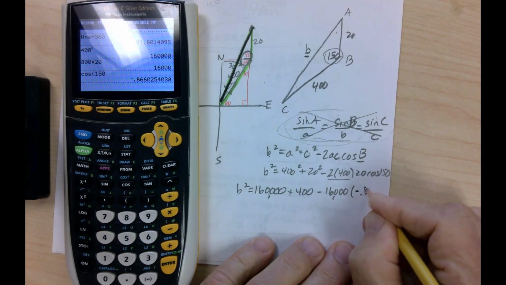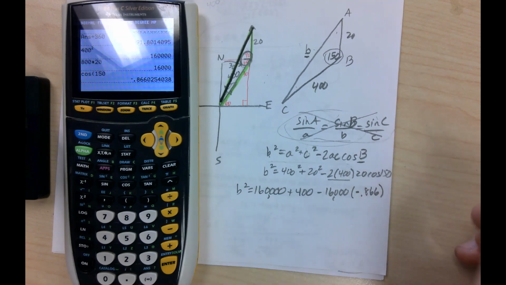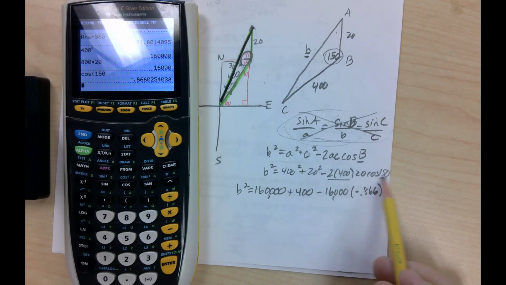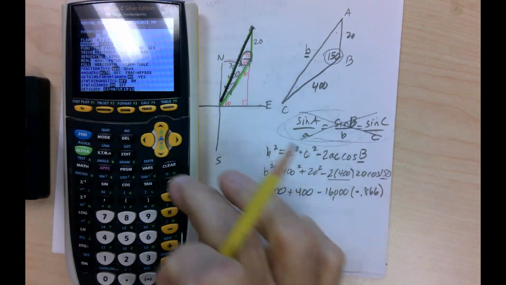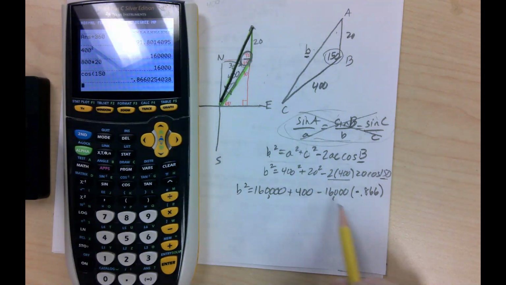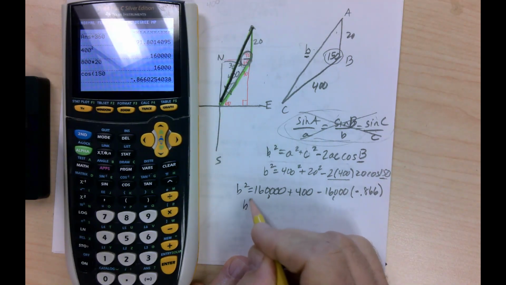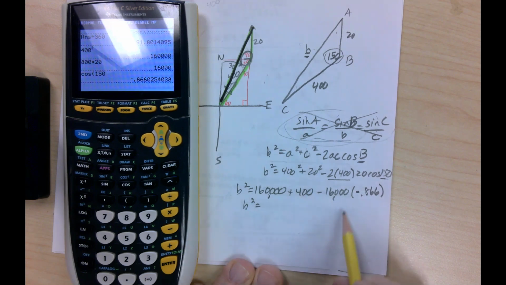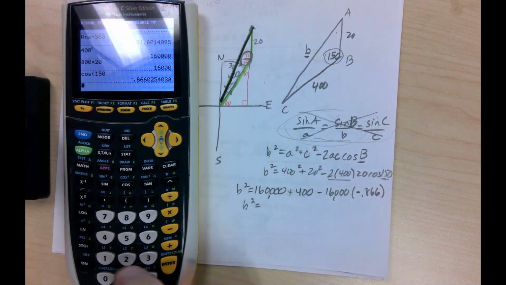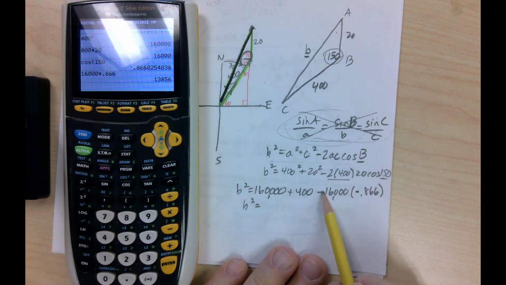Negative 0.866. Make sure in degrees. I think I was, because I just checked it. All right, so now we have to be careful. B squared equals, I'm going to multiply this out. That's going to be plus 16,000 times 0.866. I didn't worry about the negatives because 2 negatives make a positive.